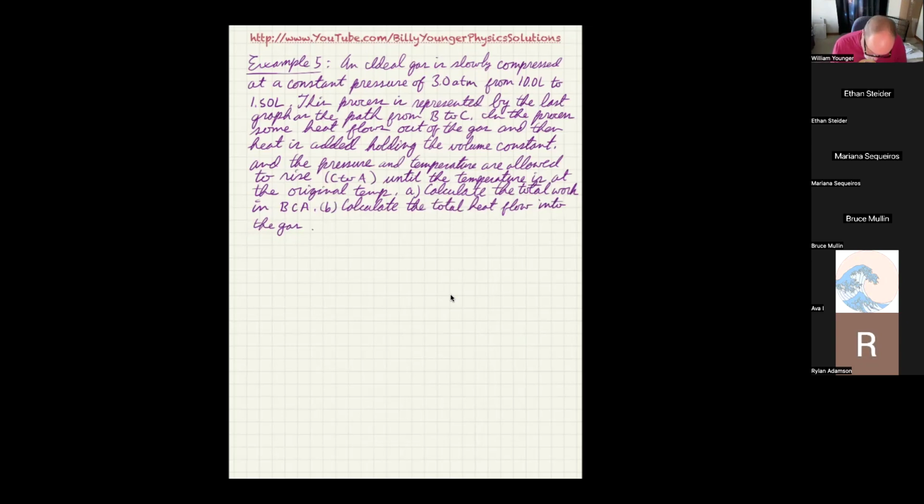And of course, with the constant pressure phase, that was from B to C. Work is equal to the integral P dV, but P is a constant. So we get, in fact, that the pressure is going to be 3.0 atmospheres.